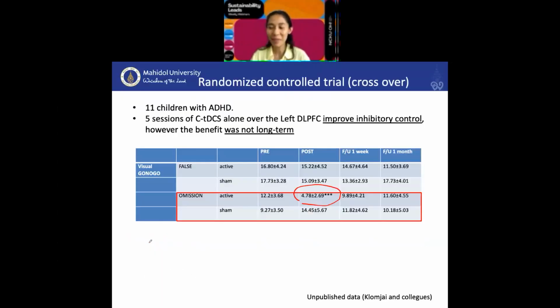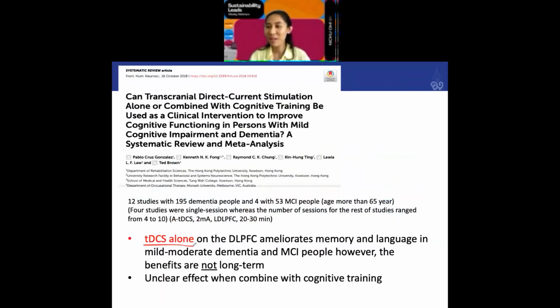This is very interesting because in stroke, you definitely need to add training. But this meta-analysis tells us that tDCS alone on the DLPFC can increase memory and language in people with mild to moderate dementia, and also in people with mild cognitive impairment.